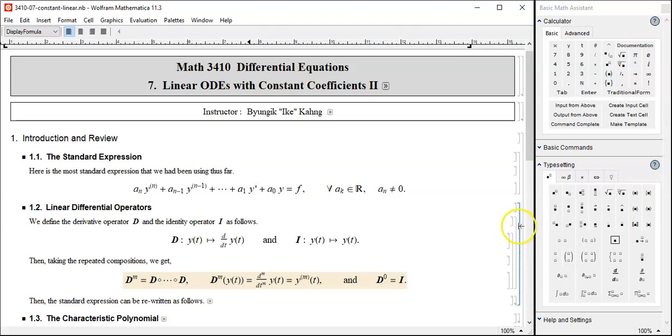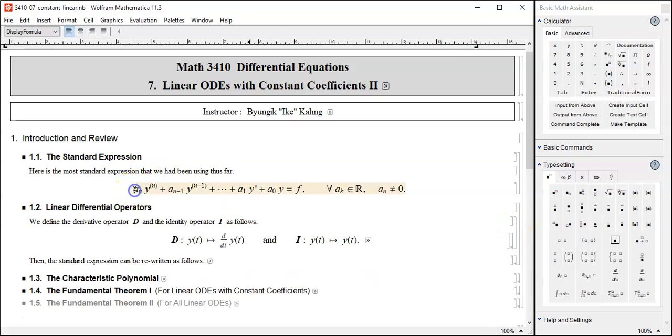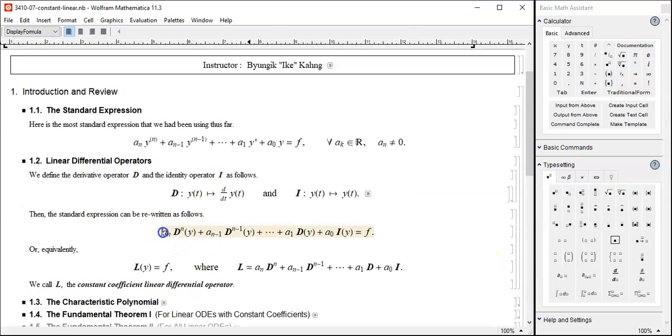Under this notation, we can re-express this original ODE in the following fashion. Like this. Or equivalently, L of y equals f, where L is given by this polynomial expression of D. Now, did I say polynomial expression?